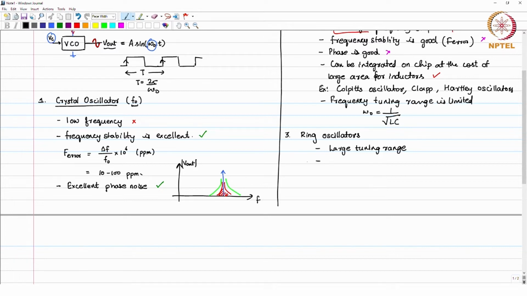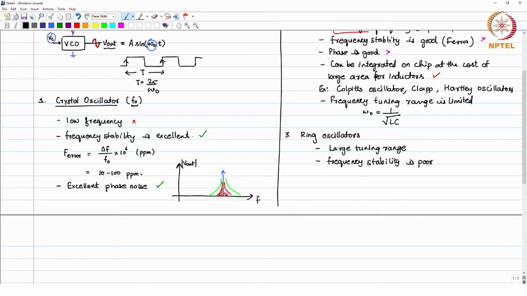So, this is a good part of it. Frequency stability is poor, which is like you cannot use the ring oscillator standalone without keeping it in the phase lock loop, because the frequency will vary depending on process, voltage and temperature.